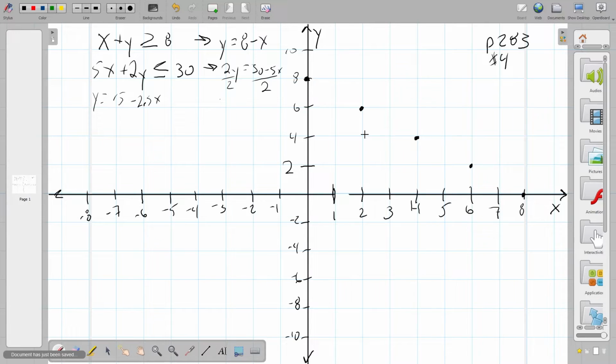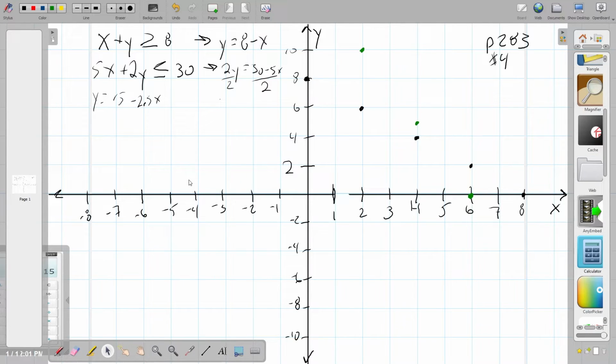And my dogs are going crazy. 15 minus 5 is 10. That's right there. 15 minus 10 is 5. That would be about in the middle of there. 15 minus 15 would be 0.